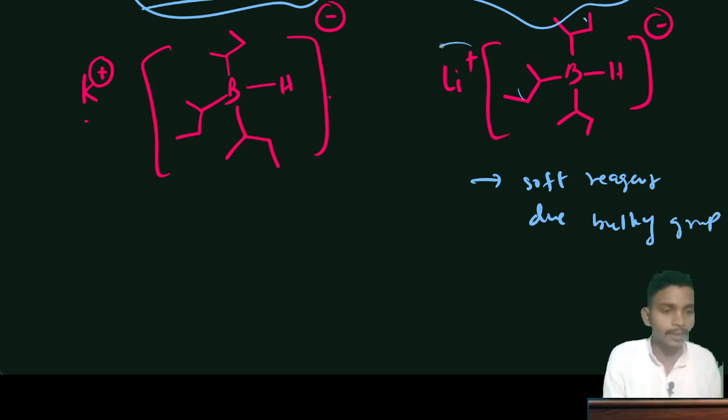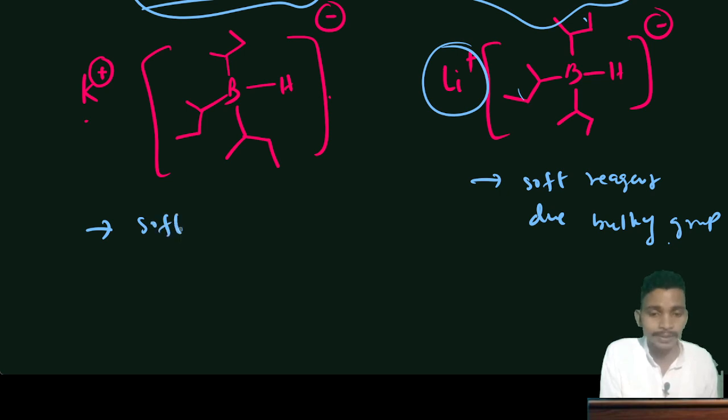Although here Li plus is a small group, since this bulky group is there, it becomes a soft reagent. Similarly, this K plus, although K plus itself is a large atom, here also bulky groups are there, so all this favors it and it becomes again a soft reagent.